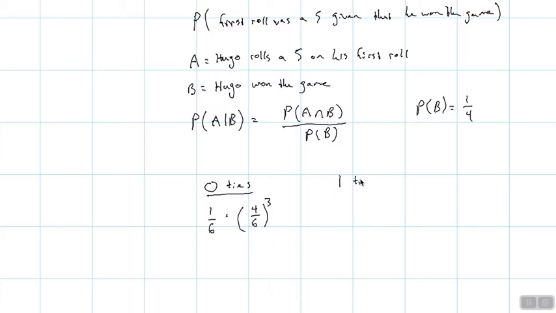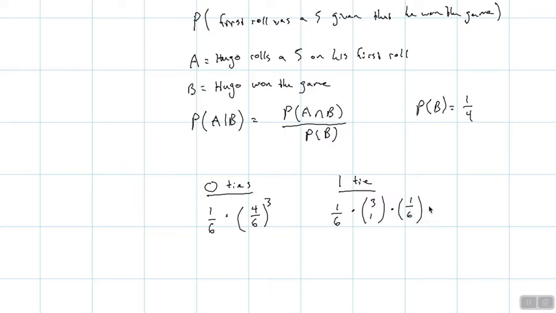So next, looking at the scenario of if there's one tie. In this case, again, 1/6 probability of Hugo rolling a 5. And then we have to choose that person that rolls a 5 with Hugo. So 3 choose 1, times 1/6 for that person that rolls the 5.